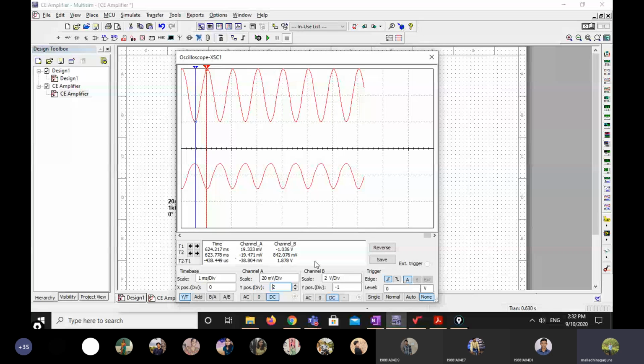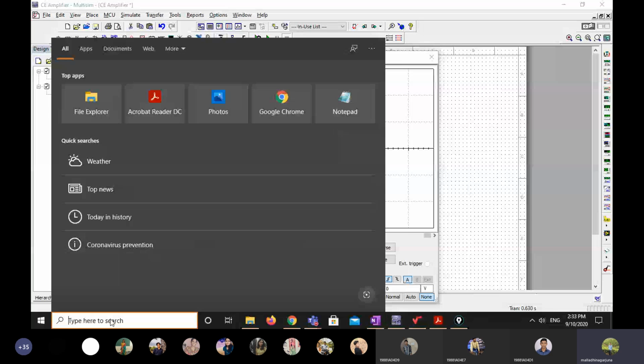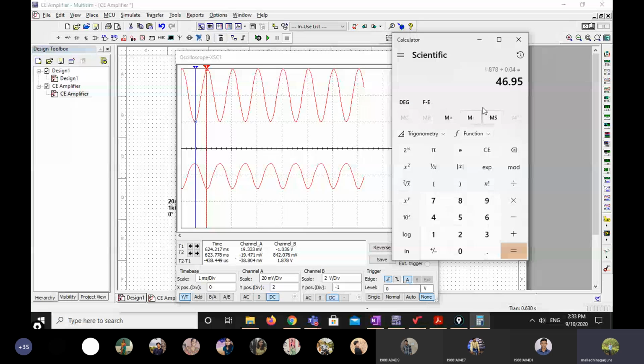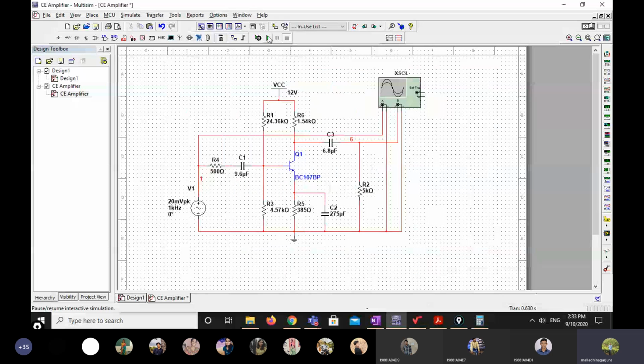If you calculate 1.878 divided by 0.04, that is 46.95 or 47. So it completely depends on the load resistance. Now I'm taking 5k, and what will be the voltage?